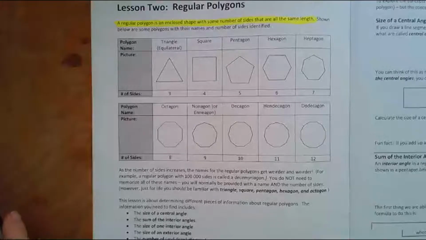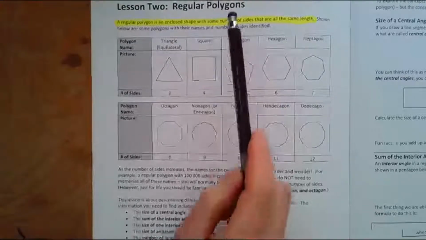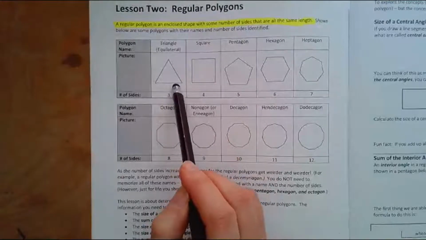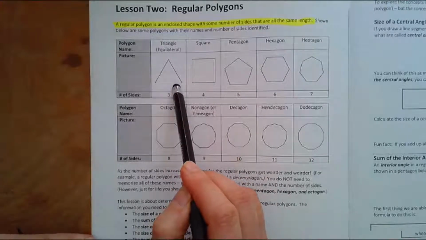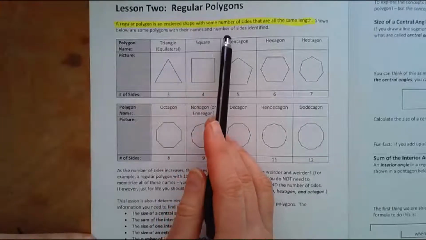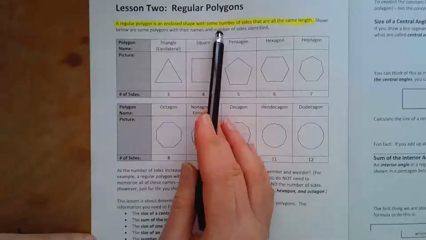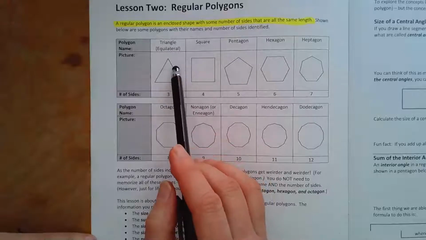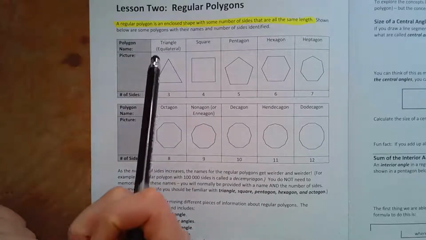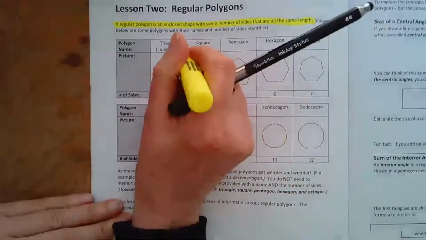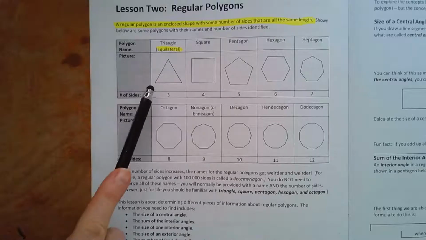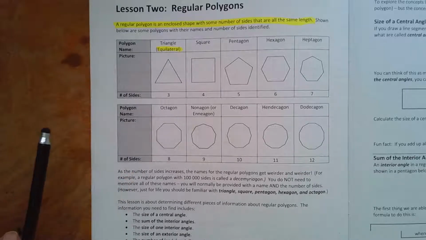You can have a 3-sided shape or a 6-sided shape where the sides aren't the same length. For example, we studied scalene triangles with all the sides different lengths. But a regular polygon has all sides the same length. So for a triangle, it has to be an equilateral triangle. The equilateral triangle would be the only regular triangle.